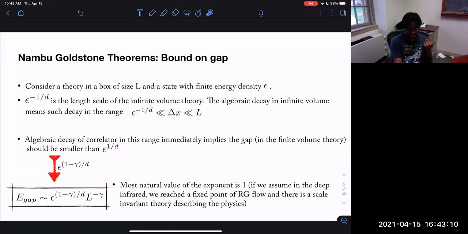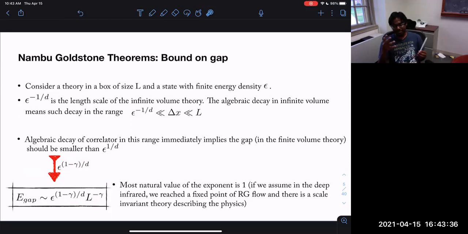So you can parameterize it with this factor gamma, which is a positive number. Then you can do the dimensional analysis and naively write down that the gap scales as epsilon to the power (1 minus gamma) over d times L to the power minus gamma. Basically this factor of L makes up for the dimension of the energy. So now the question is, what is the value of this gamma?